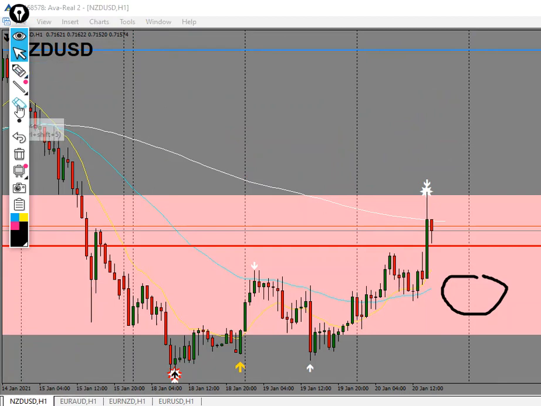NZD USD. As you can see on this pair, they gave us an entry point on this candle, and then we had to exit on this candle, right? You enter a trade, and then an exit point is given. This is what I call a small exit warning arrow, meaning it's just a small reversal that may be happening. You might want to protect your profit and exit.